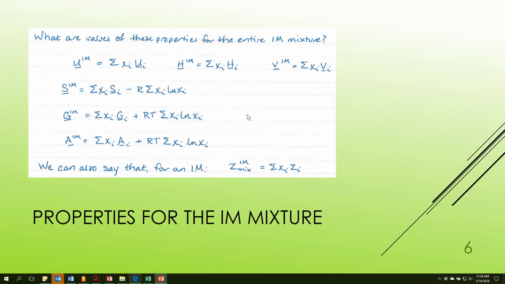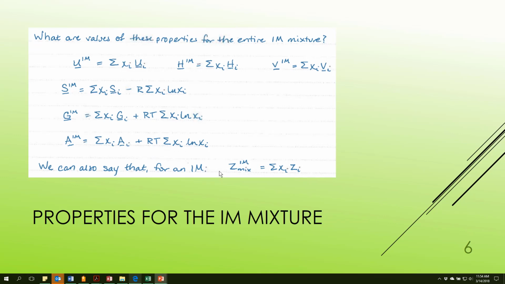If you wanted to look at this for the entire mixture, then I'm just simply going to add these up for all the various components. And so we end up with these expressions here. You might wish to pause the video and look at those for a little bit just to make sure you agree. We also could do an expression for Z. Now, remember, PV equals Z nRT.